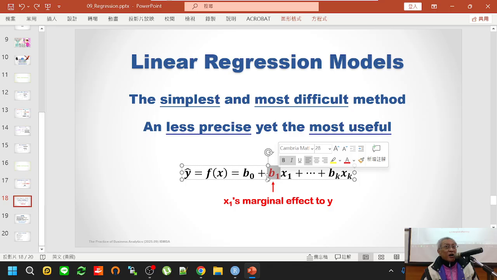In order to do that, usually you will need to take a course called econometrics. Okay, you have heard that name, econometrics. Usually econometrics is a 2-semester course.